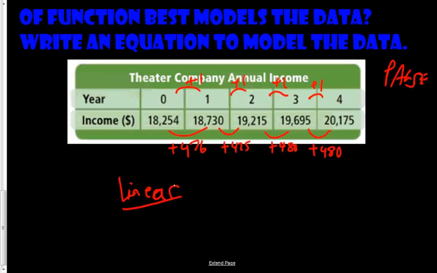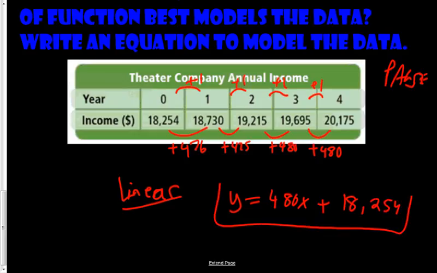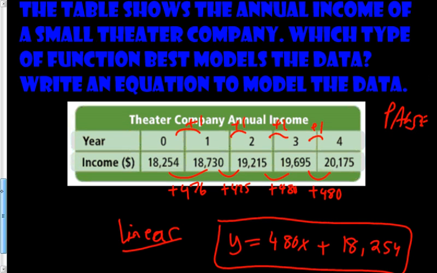So that'd be y equals mx plus b. In this case, the constant change would be 480 over 1. So that's 480, that's our slope. Plus whatever the starting was, and you started with 18,254. So there's our linear equation to model this general data set as closely as we can.